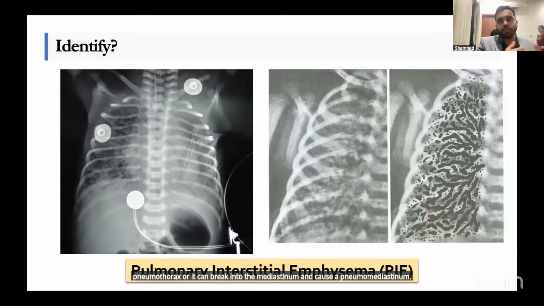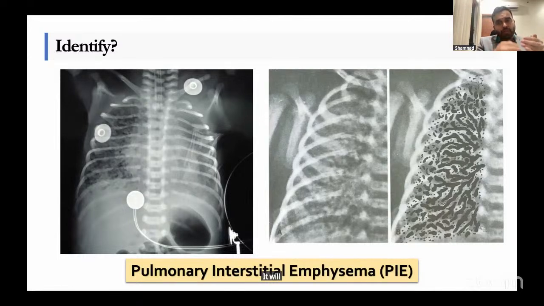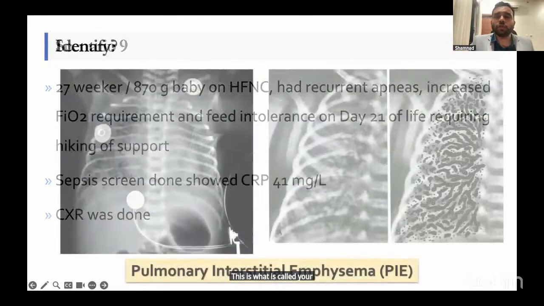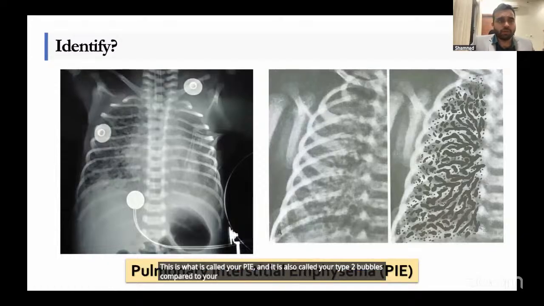Another option is that the air, along the bronchovascular sheath, ruptures from the alveolar space into the bronchovascular or interstitial space, and gets trapped in those interstitial lymphatics. This is what is called your PIE, and it is also called your type 2 bubbles, compared to your type 1 bubbles, which we saw in your RDS.